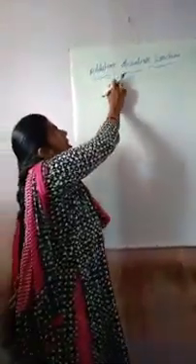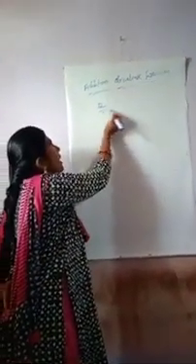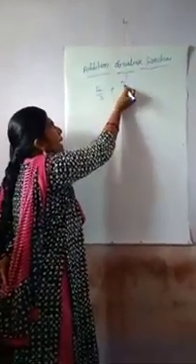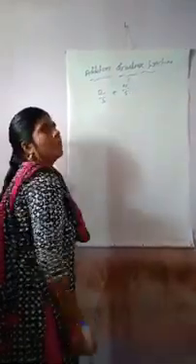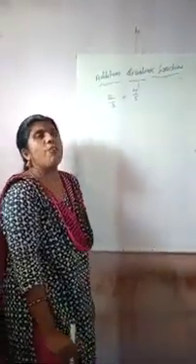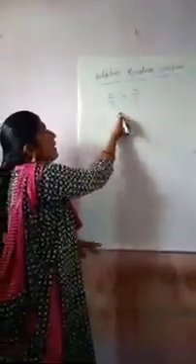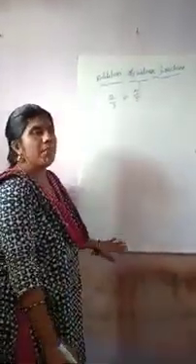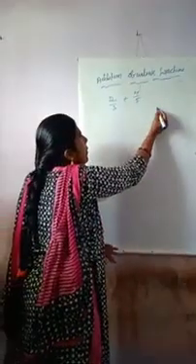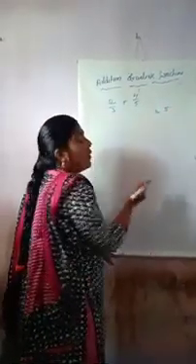So, addition of unlike fractions: 2 by 3 plus 4 by 5. How to calculate? The first step is to find the LCM of the denominators.